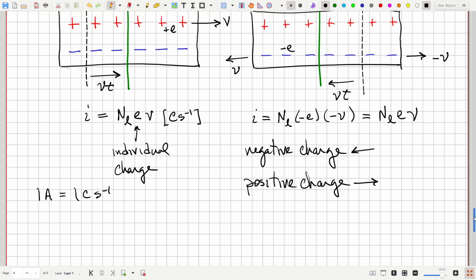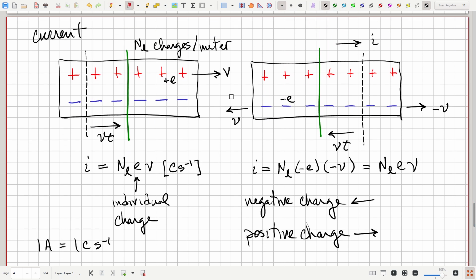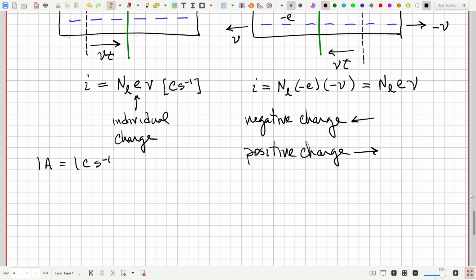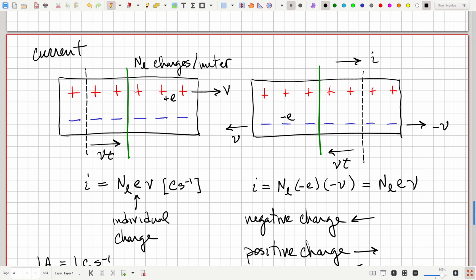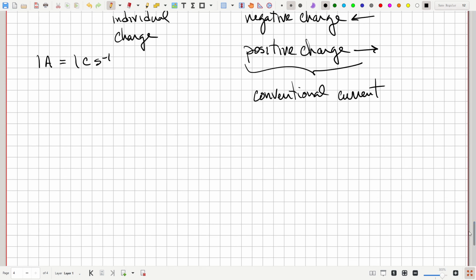So instead of trying to figure out whether it's positive or negative charge moving, we just use what we call conventional current, which is we assume it is positive charge moving to the right, regardless of what actually is going on microscopically. Okay, so that's current and the idea of conventional current.